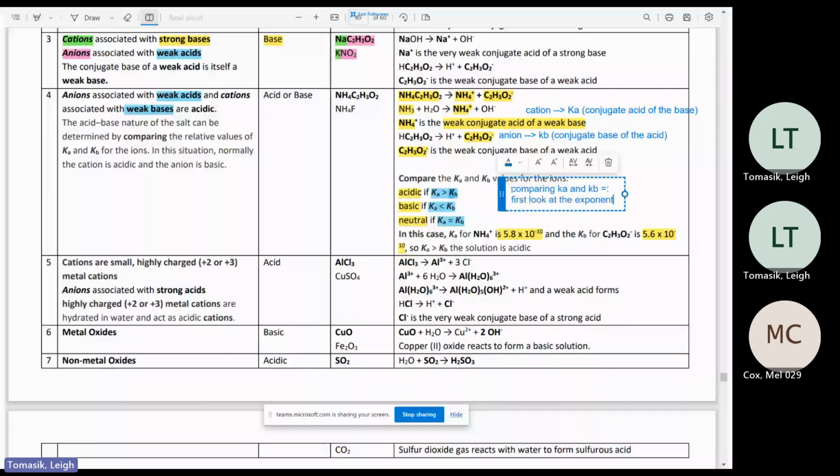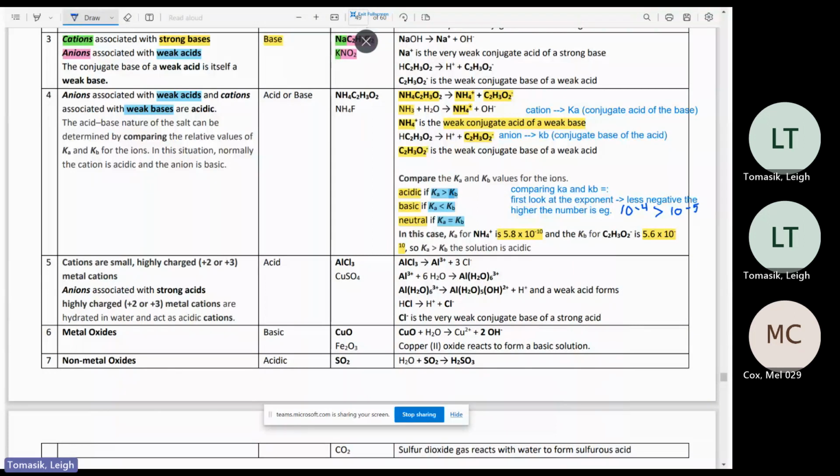The more positive, or I should say, the less negative, the higher the number is. For example, I have to write this example because it involves exponents. 10 to the negative 4 is bigger than 10 to the negative 5.